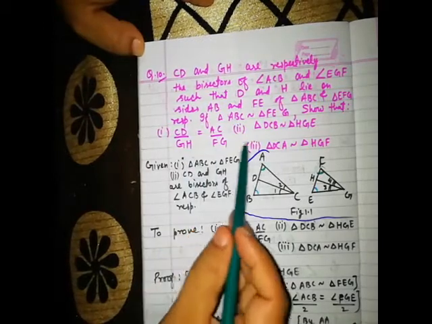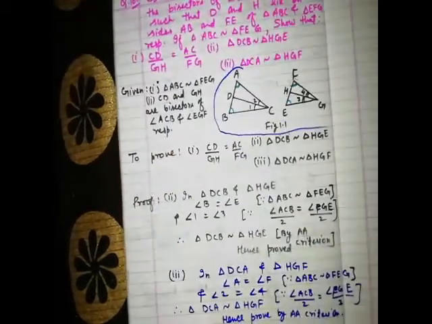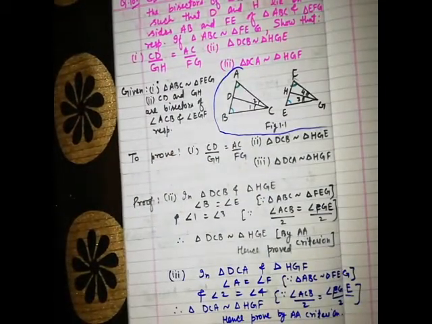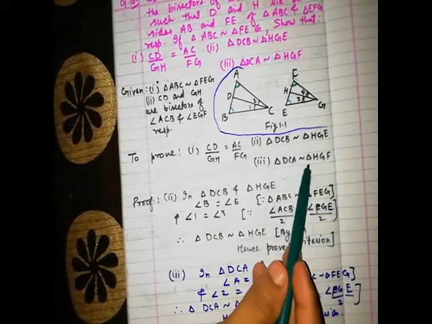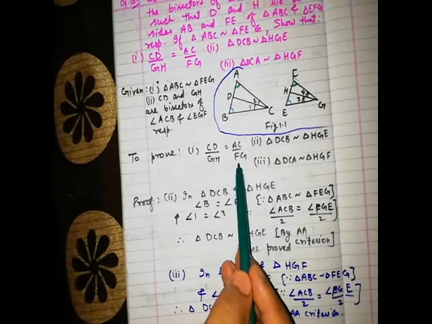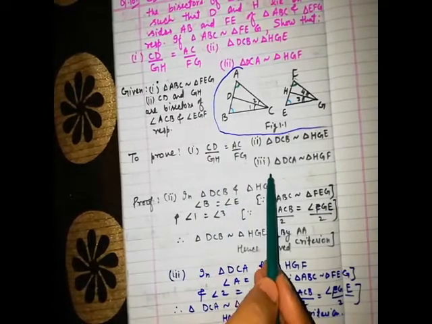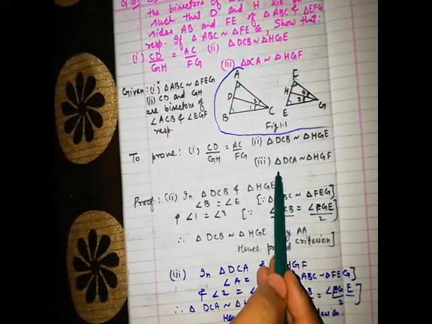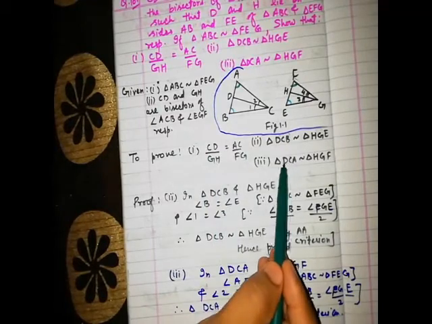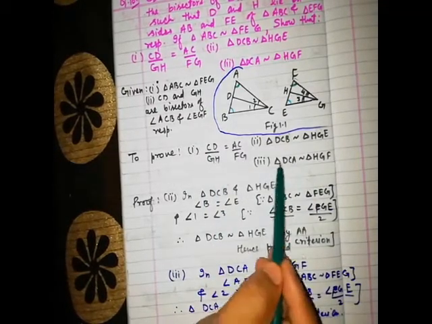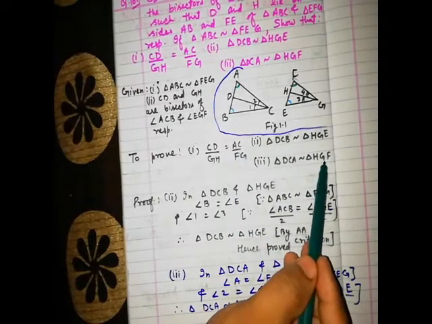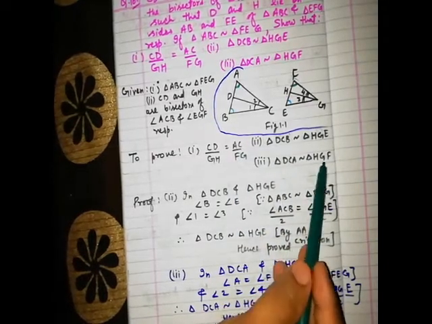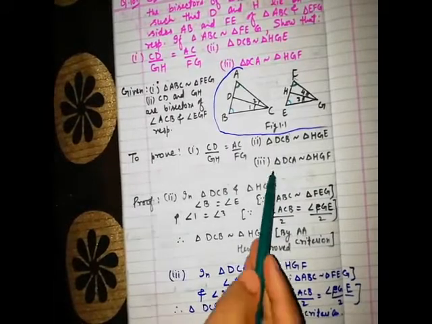In to prove we will be writing these three parts, and to prove these three parts we have to prove part number second first, then part number third, and part number first will get automatically proved when we will be proving part number third, because CD and GH are corresponding sides of these two triangles, and AC and FG are also corresponding sides of these two triangles, that is triangles of part third.